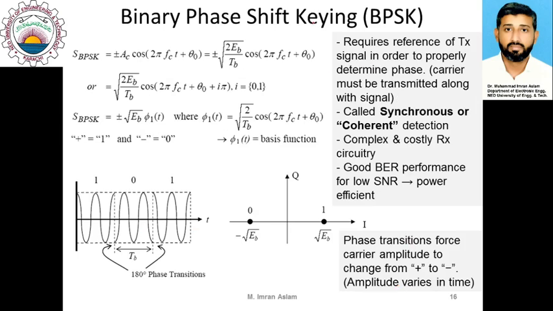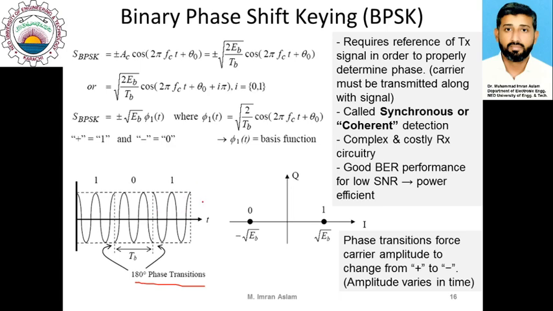modulation technique. For BPSK, the binary signal is represented by two different phases. For example, binary 1 is represented by one phase and binary 0 is represented by another phase, and these two points have 180-degree phase transitions from 1 to 0 and 0 to 1.